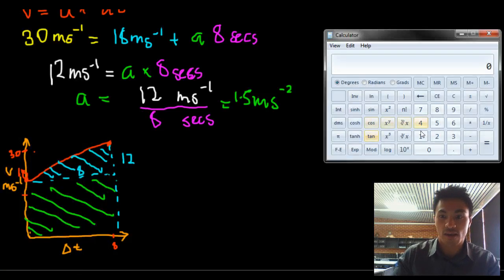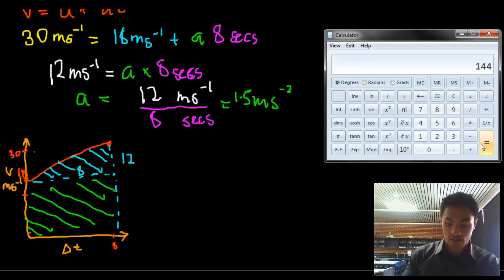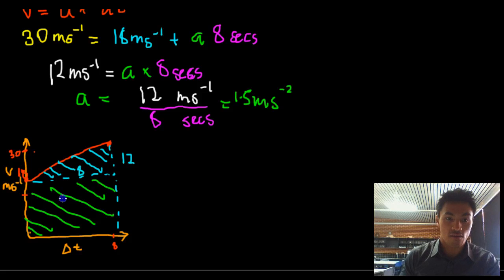So that would have been 18 times 8 seconds. So the area of this square here is 144. If you had kept going at 18 meters per second over the 8 seconds, your displacement would have been 144 meters.